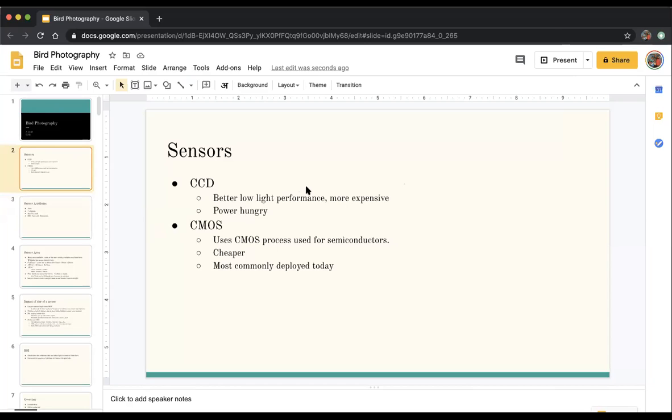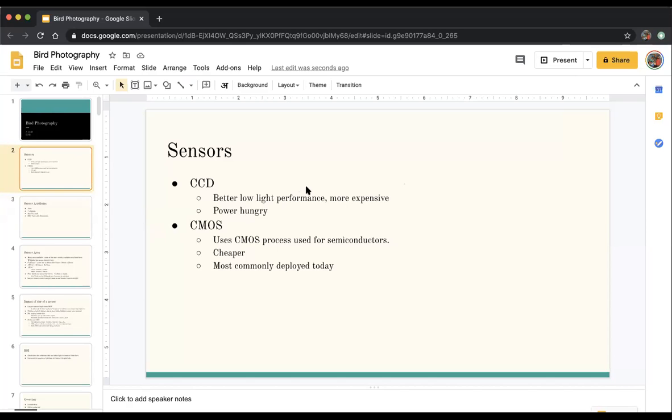I'm going to talk a little bit about sensors. I don't want to make it too technical. And actually, I'm not going to be able to talk about lenses. I couldn't put together enough material for that, so maybe some other day.